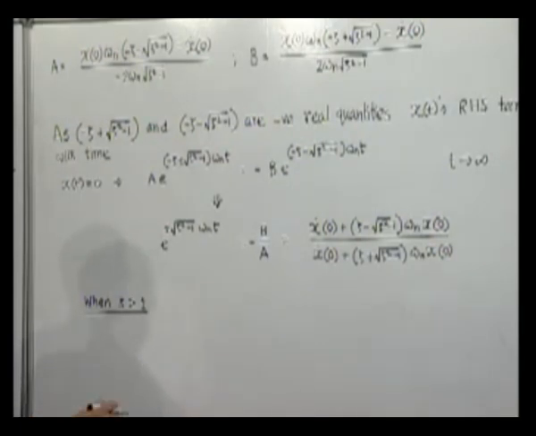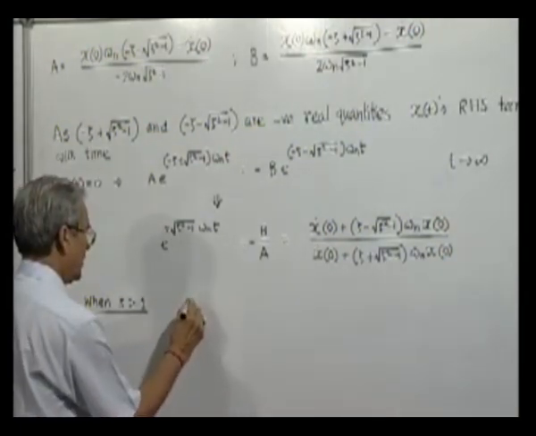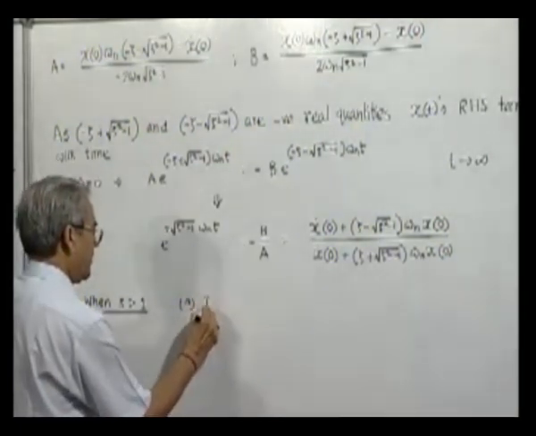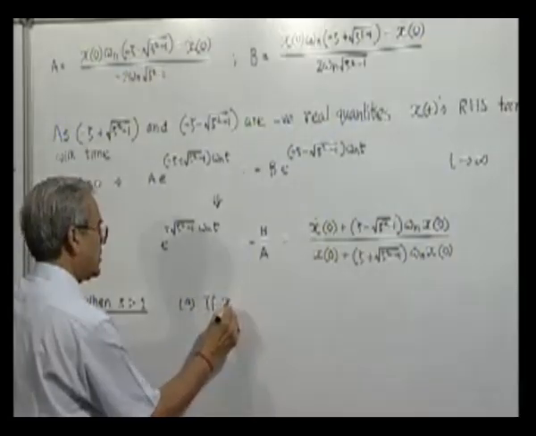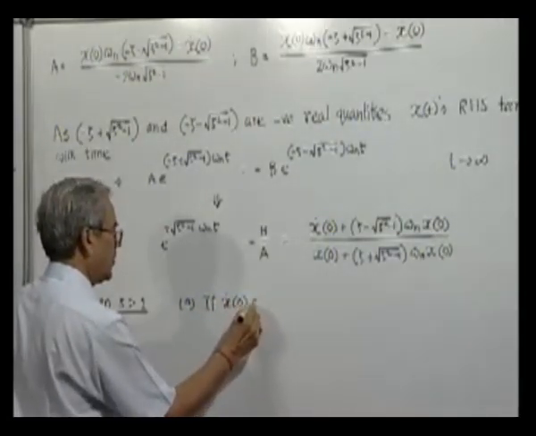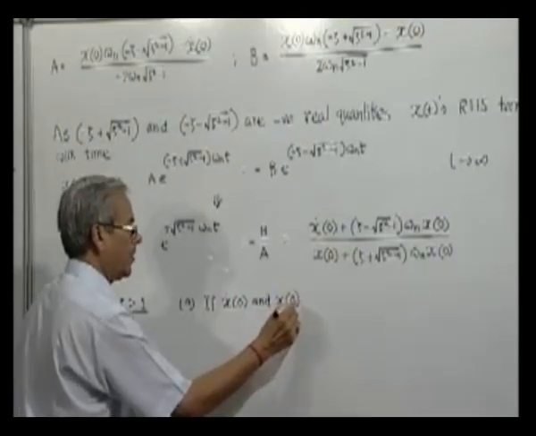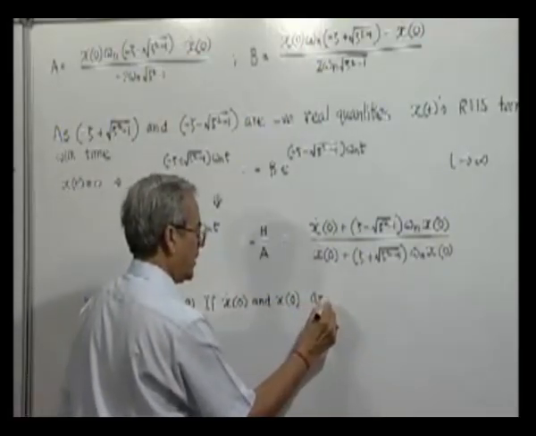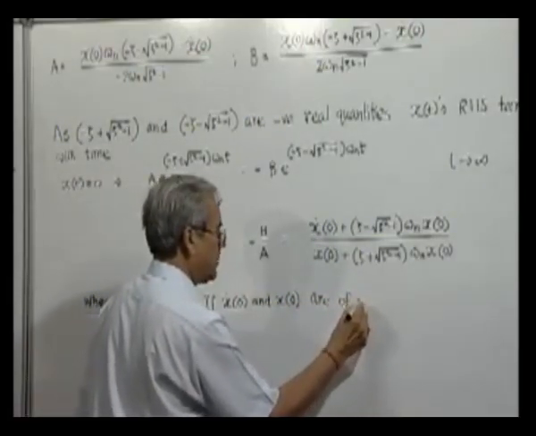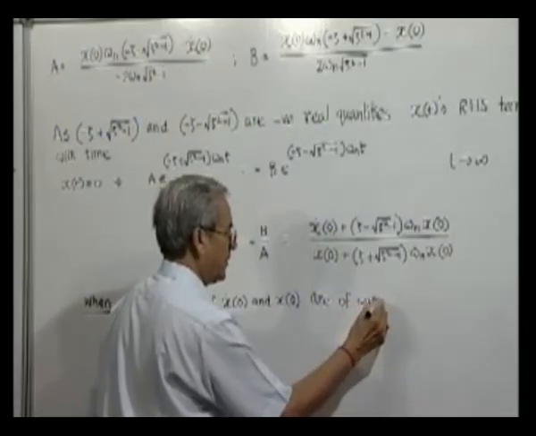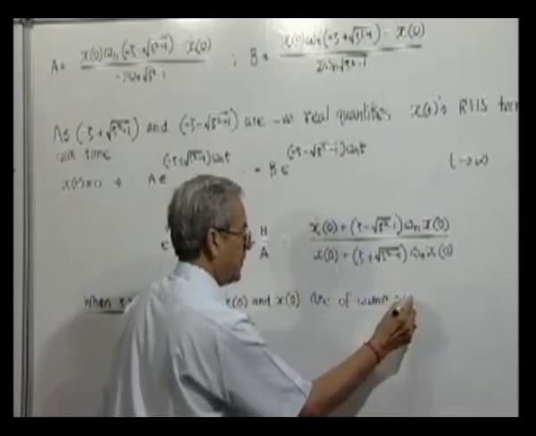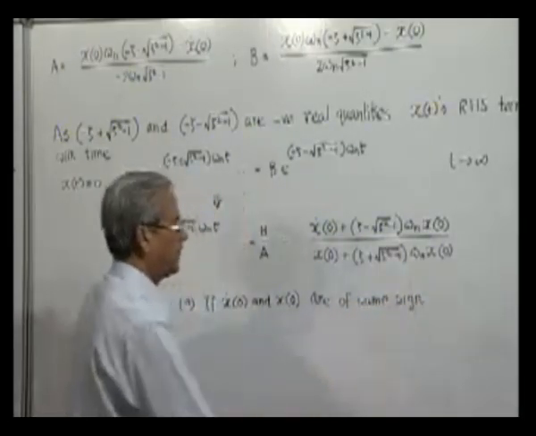Now, if x dot 0 and x 0 are of the same sign, what happens?